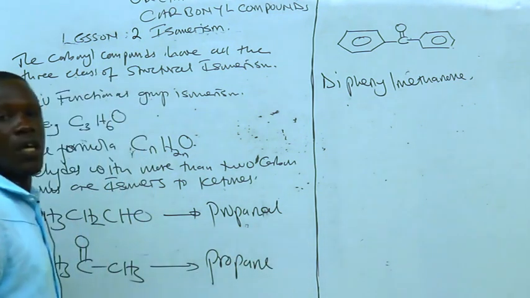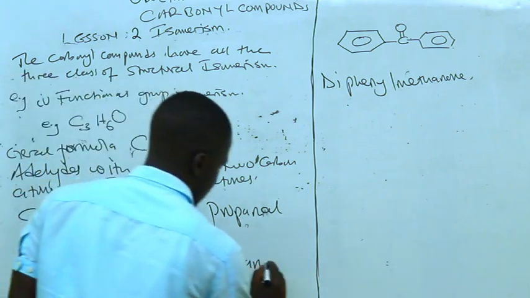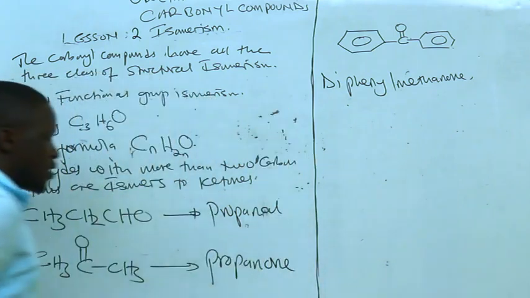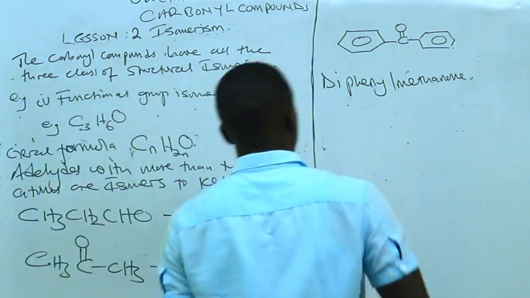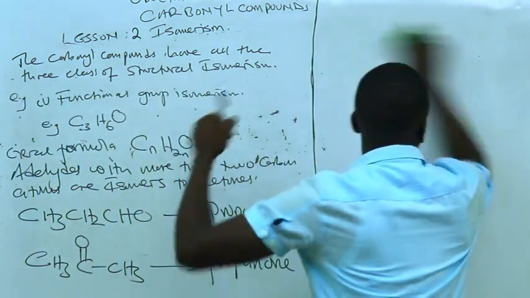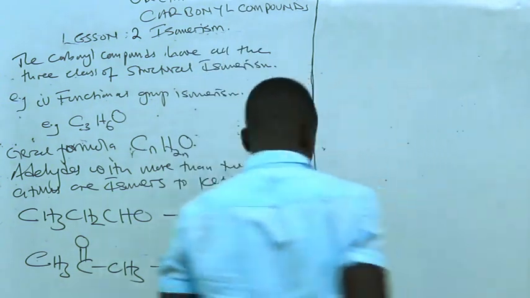But then we said we substitute this with the letters o-n-e, so propanone is our functional group isomer. So whenever we have more than 2 carbon atoms, there is a corresponding functional group isomer to an aldehyde.